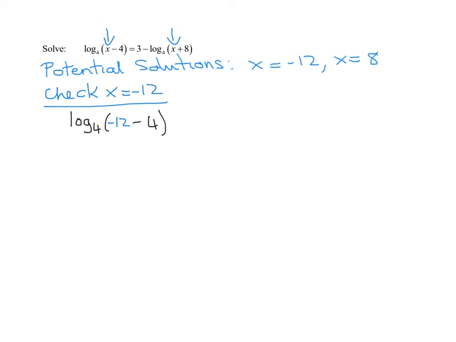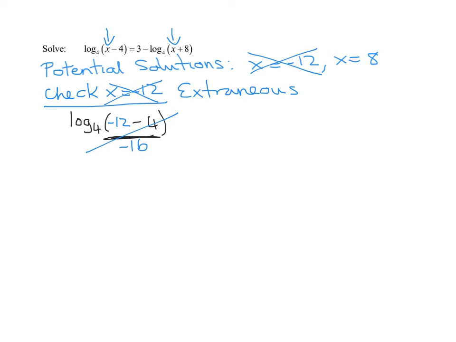To check for extraneous solutions, we want to make sure that the argument is a positive number. Well, what is negative 12 minus 4? It's negative 16. Is that a positive number? No. That means negative 12 does not work, and it is an extraneous solution.